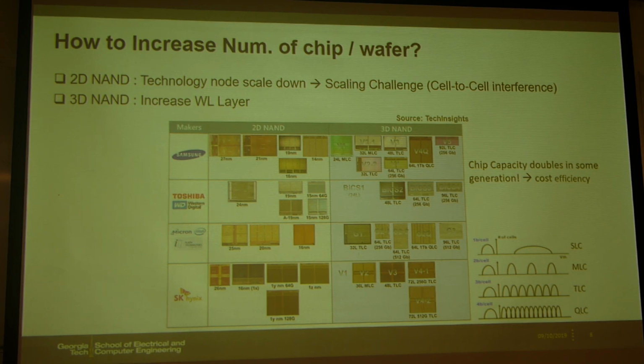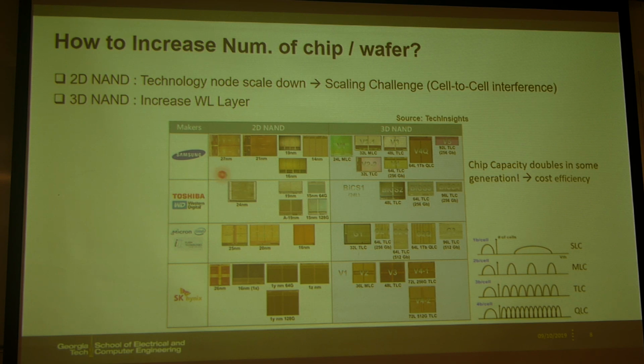Okay. Now we will just focus on the number of chips per wafer, the dominant factor. So how do we increase the number of chips per wafer? In the era of 2D NAND, the technology node was scaled down.